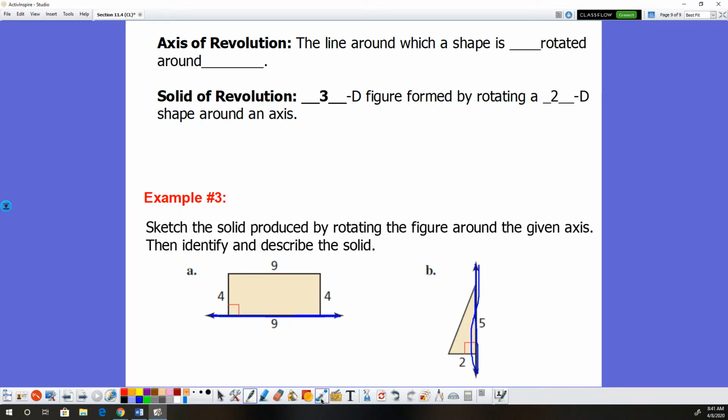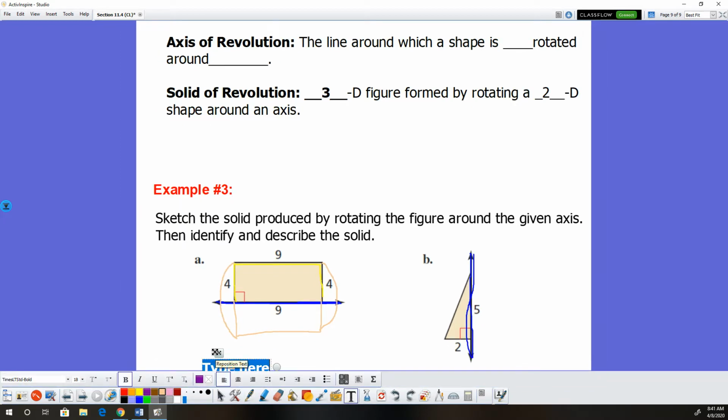Now I'm going to take this plane right here and rotate it around this axis. I'm going to go around it and around it and around it. And if I keep going around, what happens is I get this shape. I'm going all the way around like this, and what I end up with is a cylinder.